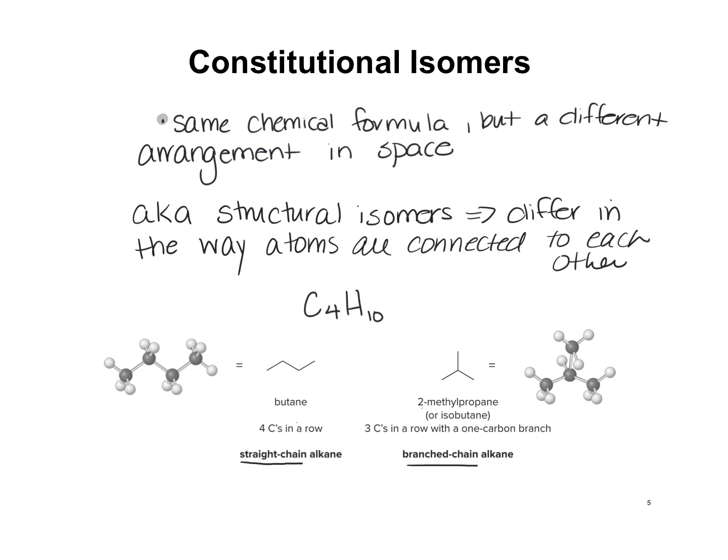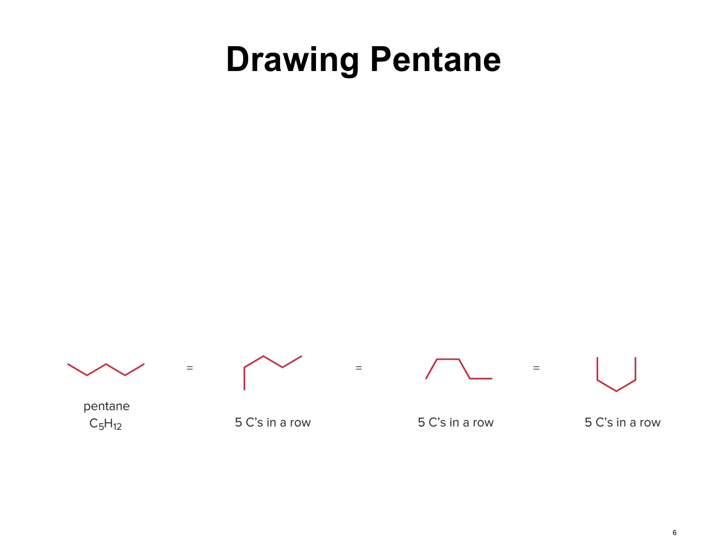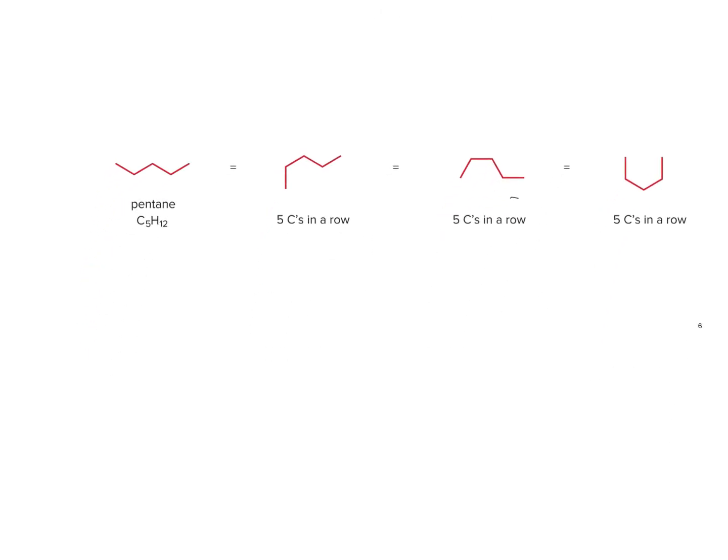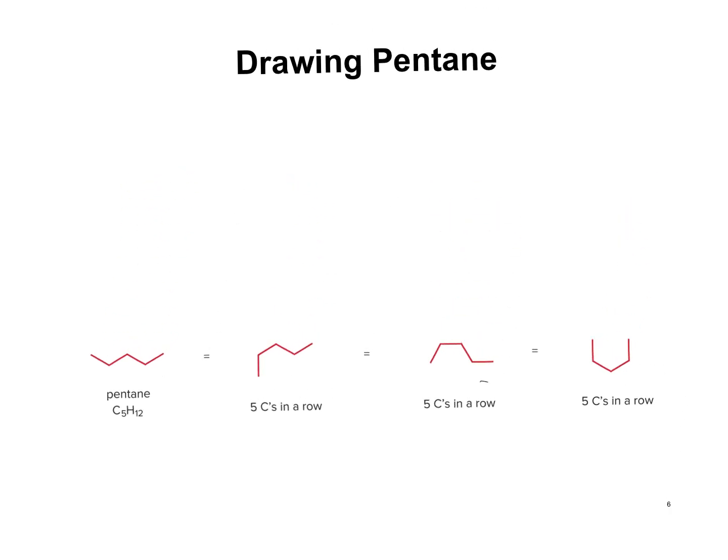So when we draw molecules, or when we draw these alkanes, it's important to understand that when we look at C5H12, pentane shown here, if it's arranged this way, it's still pentane. There are 5 carbons in a row. If it's arranged this way, it's still pentane. 1, 2, 3, 4, 5.